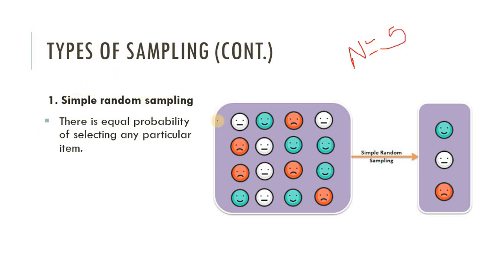By using simple random sampling, we choose samples randomly from the data set until the defined size limit is reached. So this is simple random sampling.